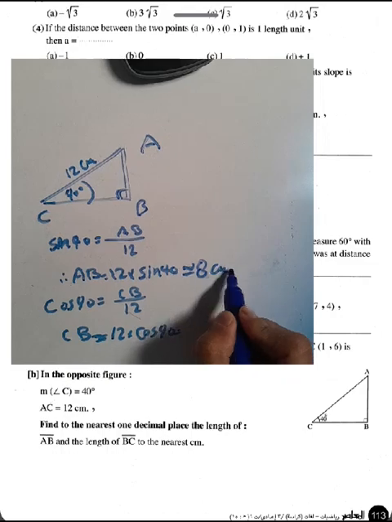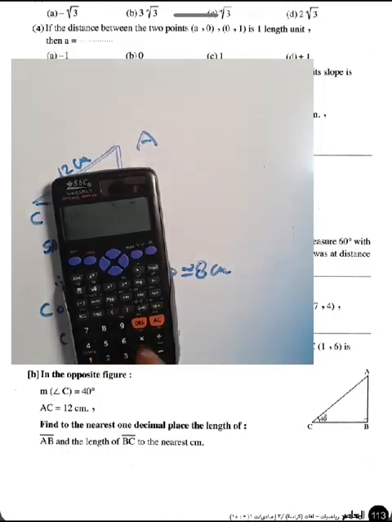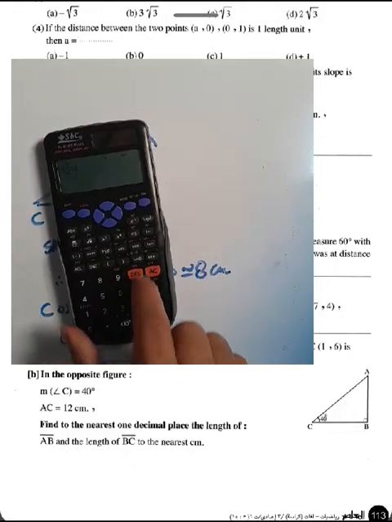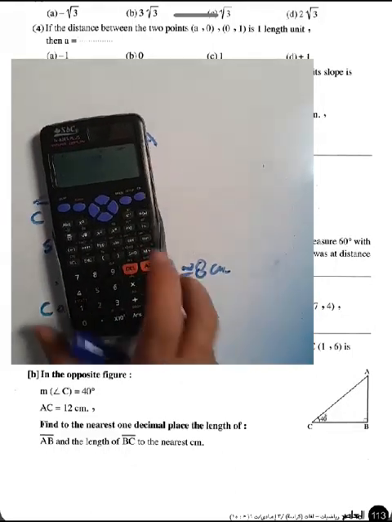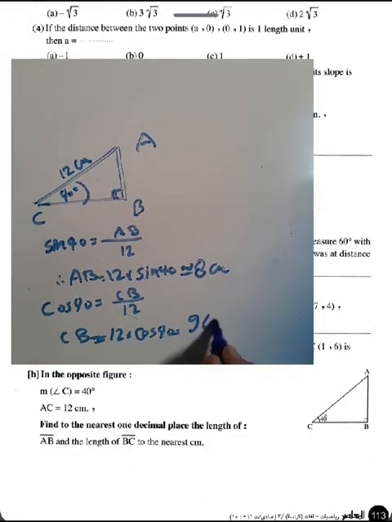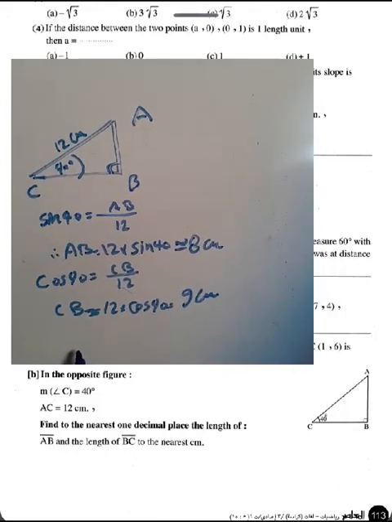It will be 7.7, approximately 8 centimeters. And 12 times cosine 40 will be 9.1, which is nearest to 9 centimeters. Okay, understood? It's the last question here.